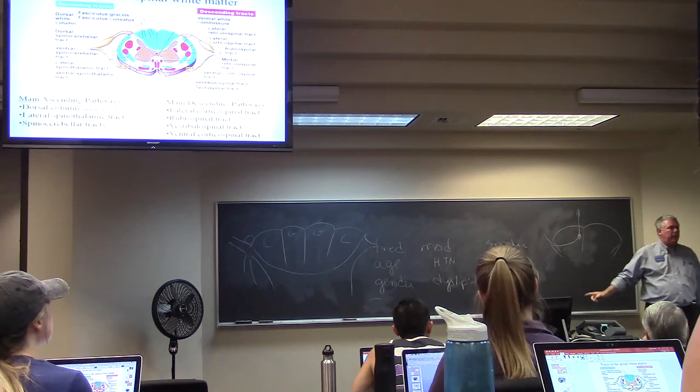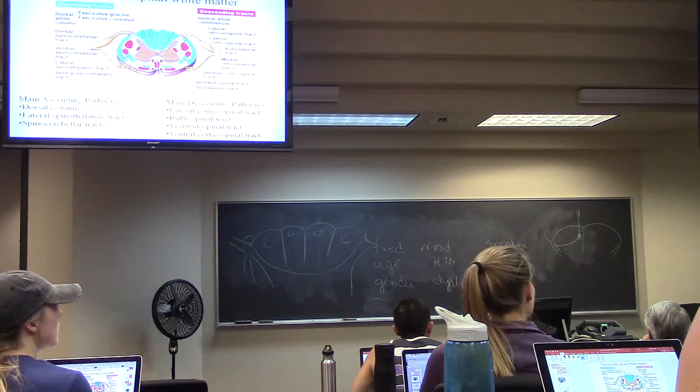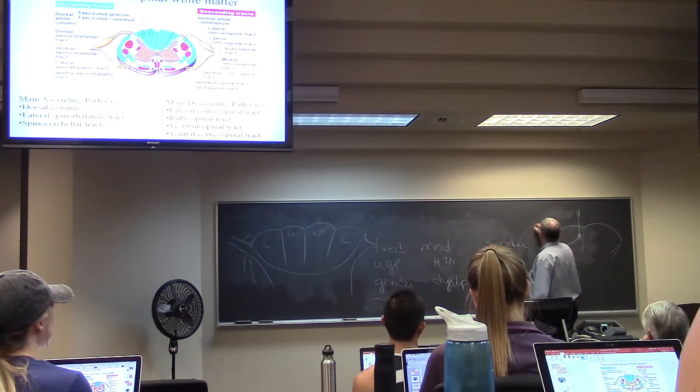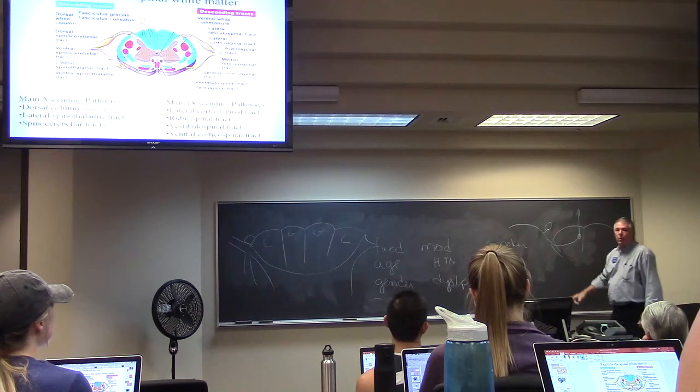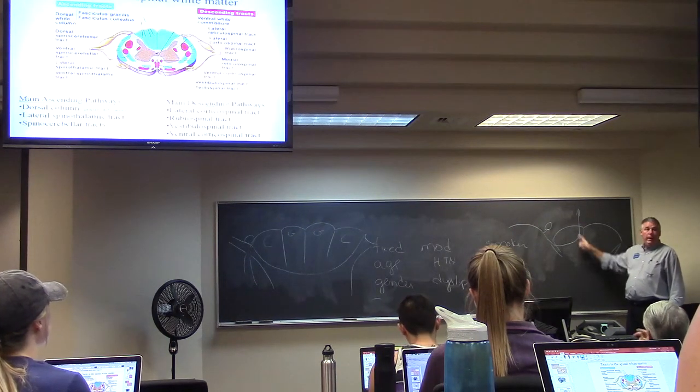Where's the cell body of that neuron? Where's the cell body of all sensory neurons? Dorsal root ganglion. Exactly. I touch your big toe, that sensation enters and it goes north.